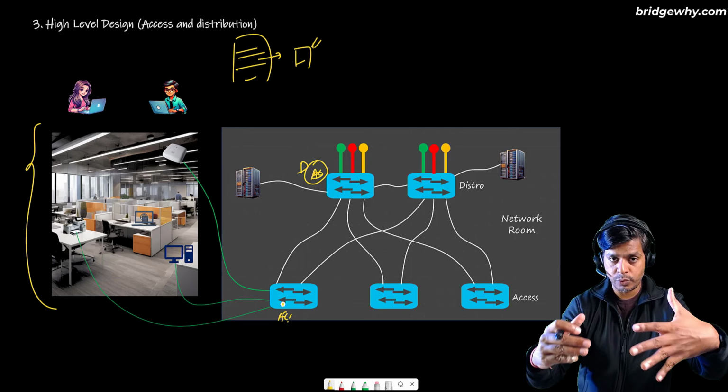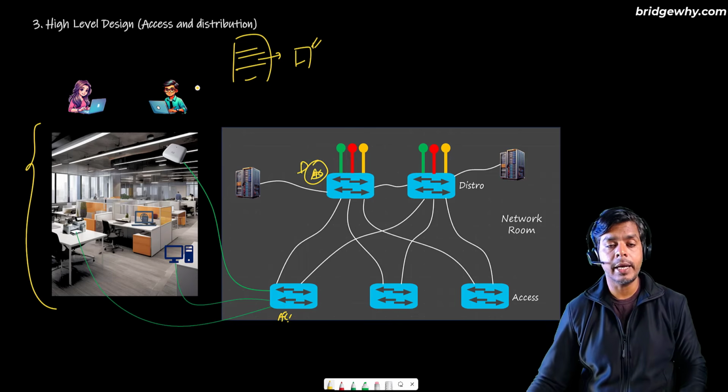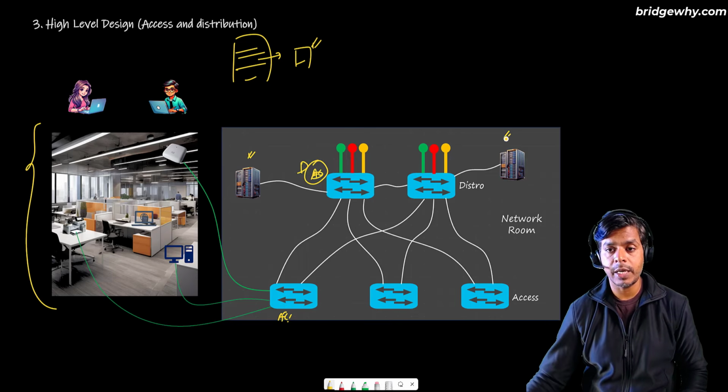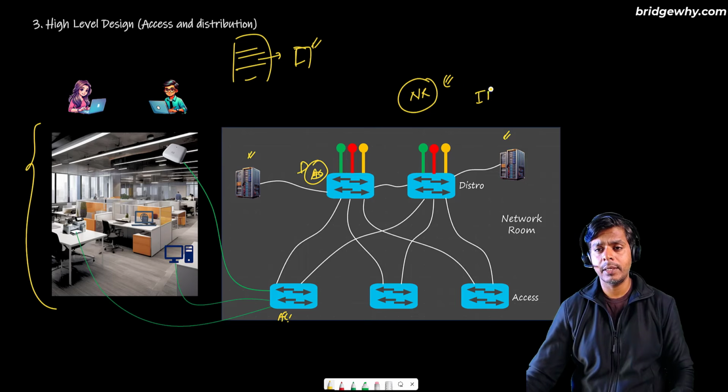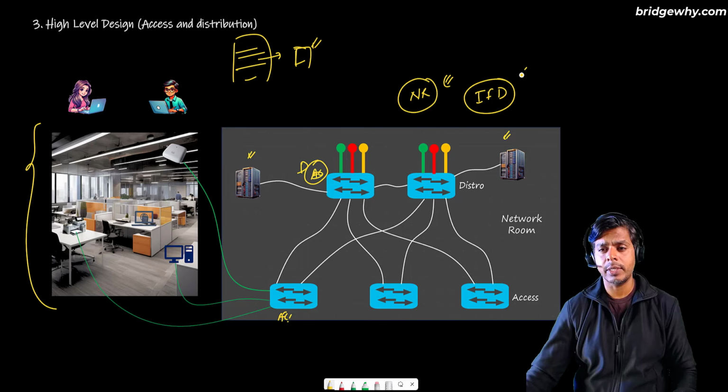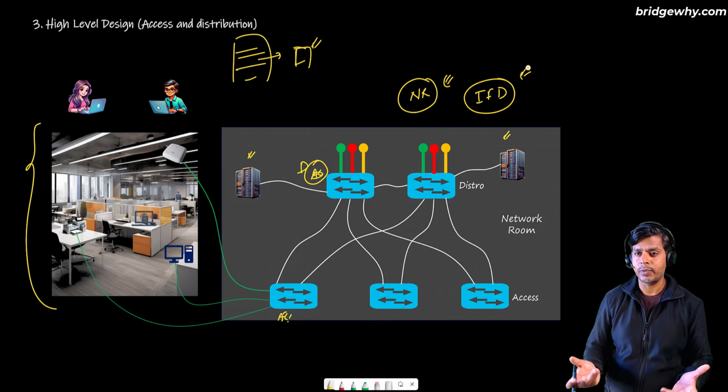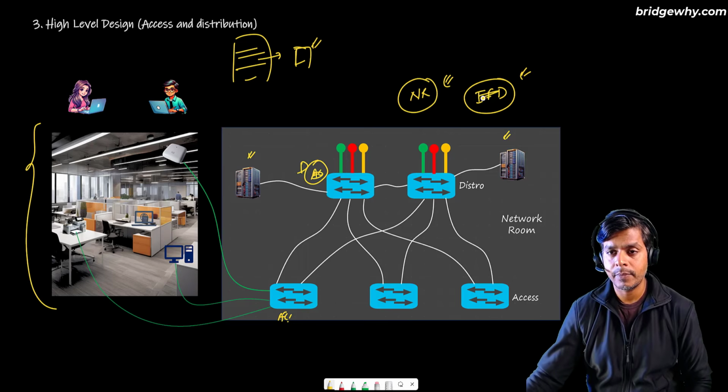And these servers, which I have connected with distros, are also in some room, and we call that room the network room. This is my definition, but in the network industry, I think we call it IDF or MDF, sorry.